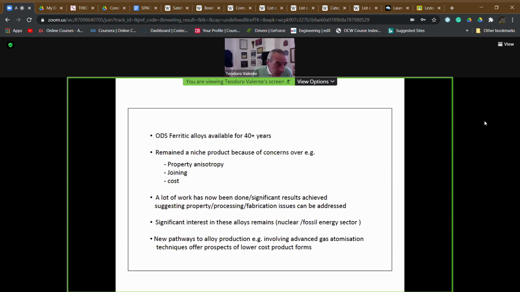There are some activities and development, but this is a sort of intrinsic limitation of ODS materials, due to the fact that classical joining techniques are obviously not suitable when we have ceramic phases inside the materials. But the interest in these alloys is still active and real for the energy sector, heat exchangers, and nuclear applications.